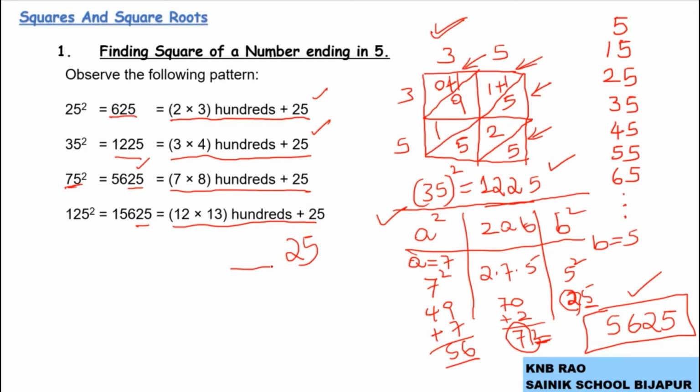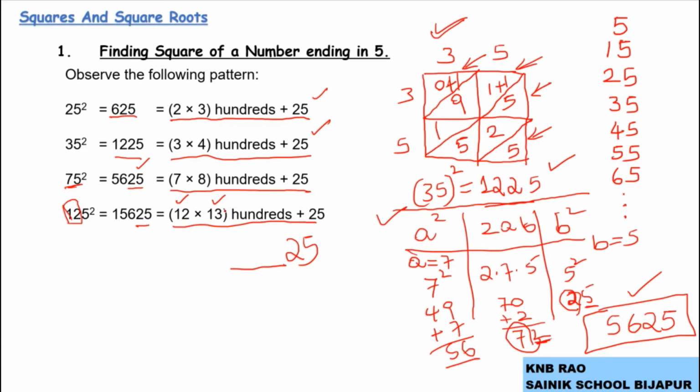Now these remaining digits, that is number of hundreds. How many hundreds are there? If you want to find out in the given number, leaving 5, what is there? Those digits, that is 12 in this case, is multiplied with its successor. 13 is called successor of 12.